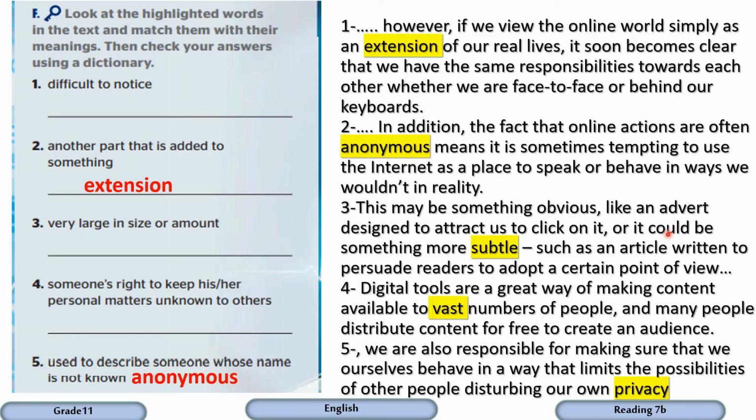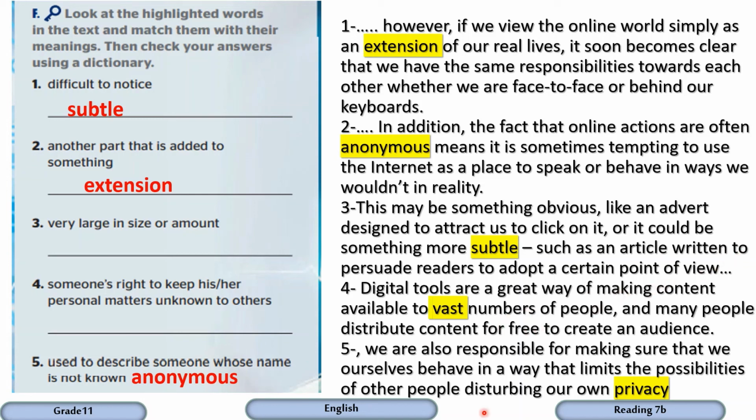Next one, which is subtle. This may be something obvious like an advert designed to attract us to click on it, or it could be something more subtle. So subtle means difficult to notice, such as an article written to persuade readers to adopt a certain point of view. Number 4, digital tools are a great way of making content available to vast number of people.